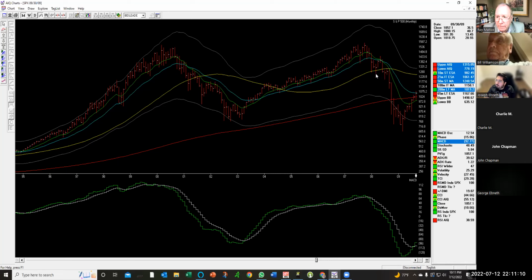This bounce off the 50-month gave you a nice trading opportunity that lasted 8 weeks, and then it rolled over. So it depends on how high. They're going to be trading bounces and opportunities. You had a 3-week bounce here, a 3-month bounce here, tepid, but you did have a bounce, and then it rolled over. But that is what's concerned me, that we might hit this 50-month and bounce off of it and then roll over again.